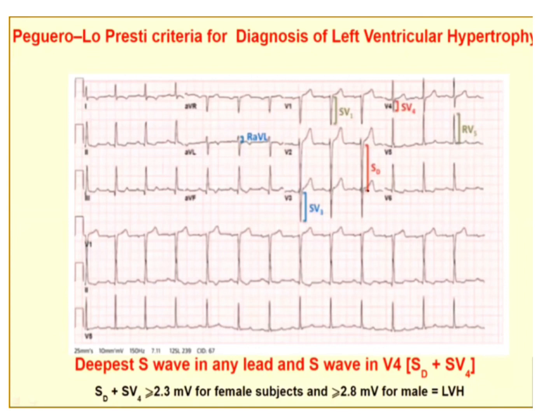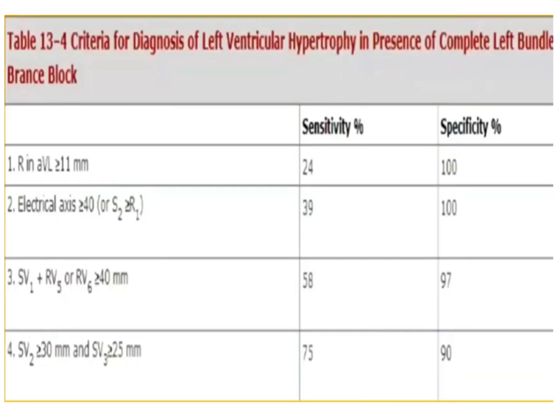That is the deepest S wave in any precordial lead plus the S wave in V4. The sum of these two, if it is more than or equal to 23 small squares in female or more than 28 small squares in male, is suggestive of left ventricular hypertrophy.